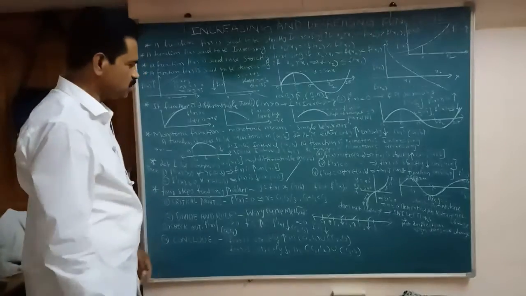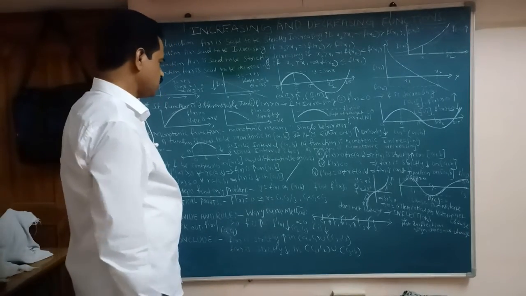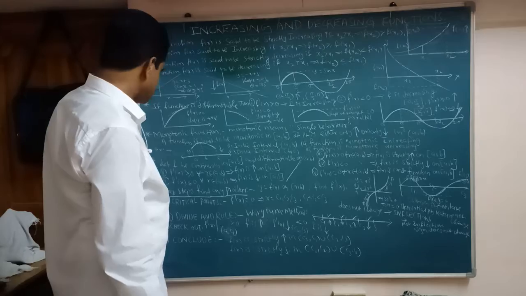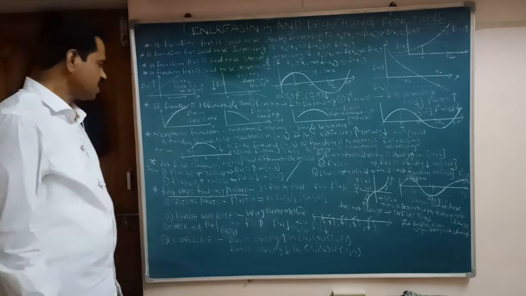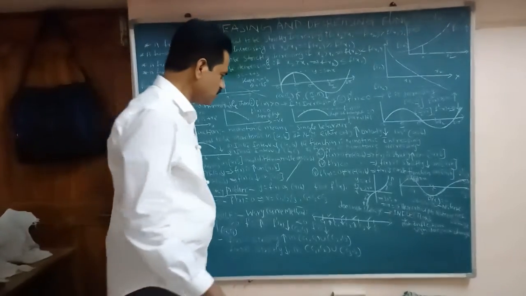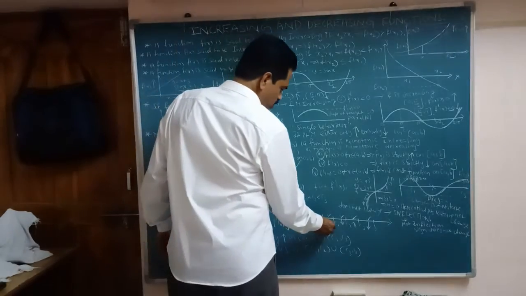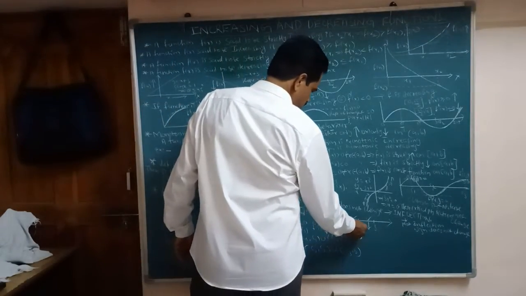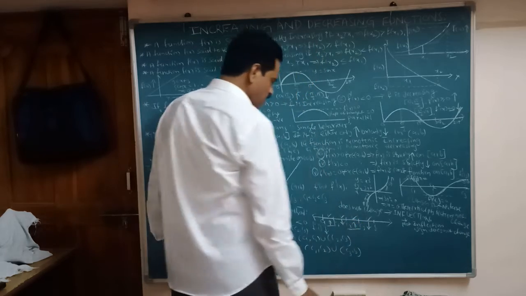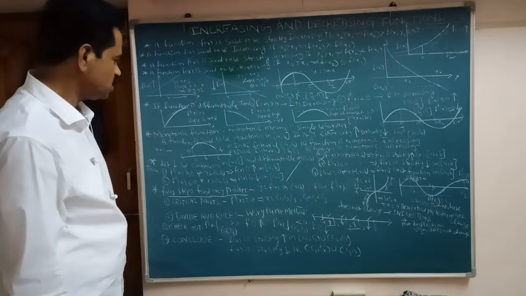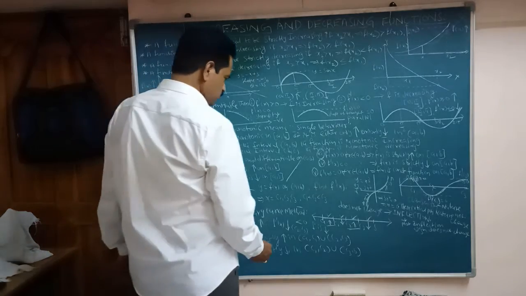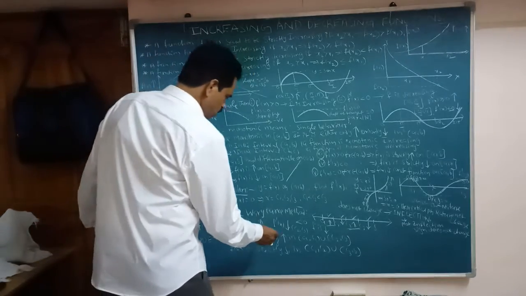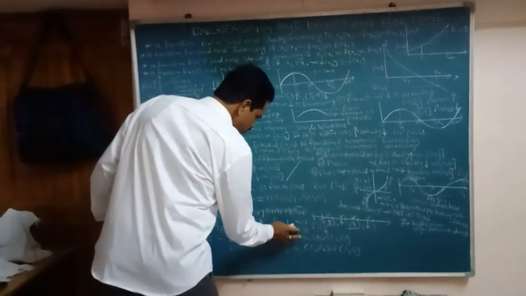C3 comma B, you take here it is negative. Next to conclude, f of x is strictly increasing where it is positive: A to C1 and C2 to C3. C1 to C2 is negative, so write down C1 comma C2.